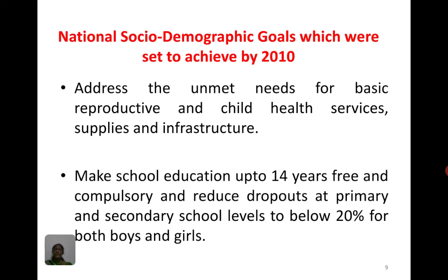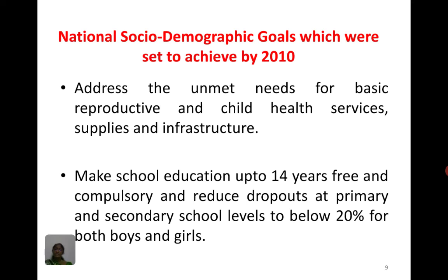Education is made free and compulsory up to the age of 14 years in order to encourage children to get education, and especially in rural areas, the dropout rate amongst girls is more. That is because parents, most of them illiterate or not so educated, may not realize the importance of educating their daughters.